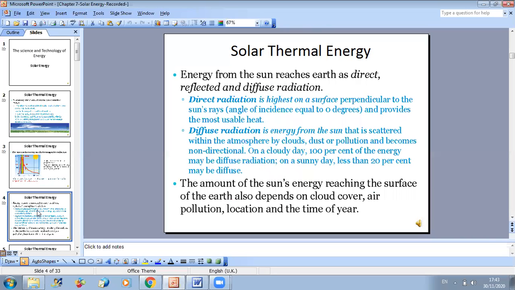Now, solar energy can reach the Earth in several ways, as direct, reflected, or diffuse radiation. First, direct radiation is energy that is coming perpendicular to the surface. With direct radiation, we get the energy directly at the Earth's level, so it will reach the Earth directly.